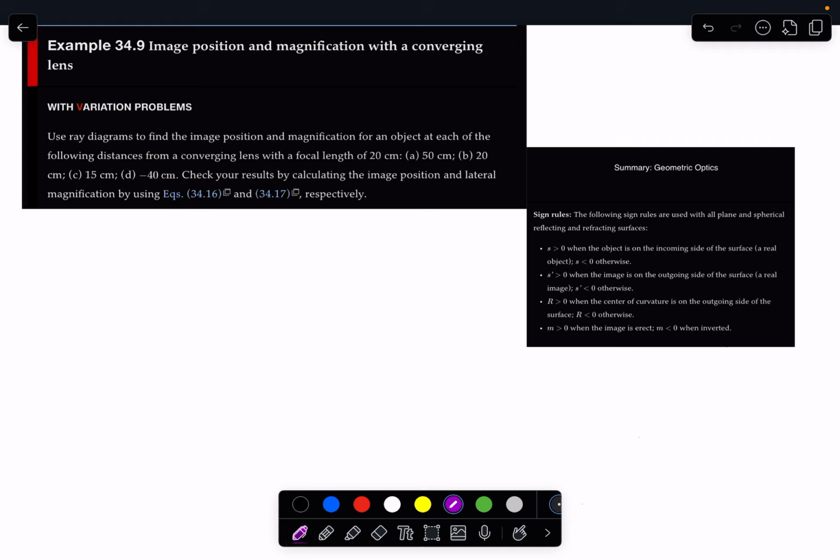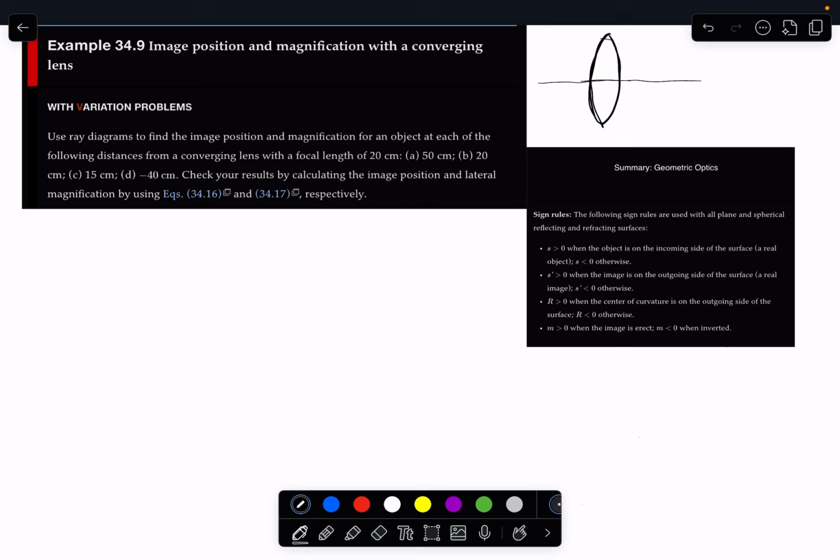So just as a quick review, a converging lens is a lens that is thicker in the middle than it is at the ends. And a converging lens, we kind of draw, right? A converging lens is made of two spherical surfaces.